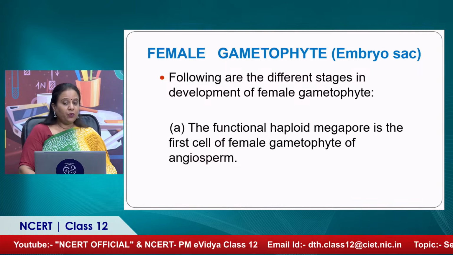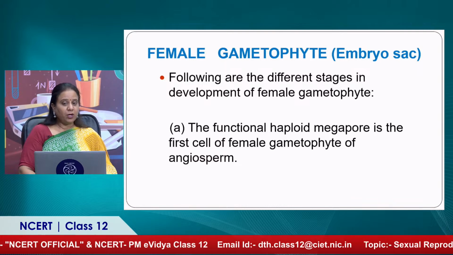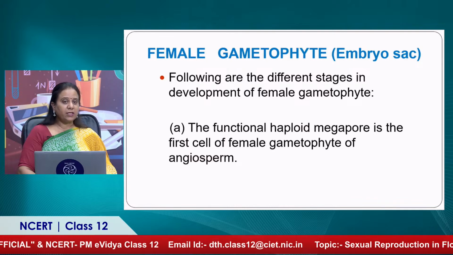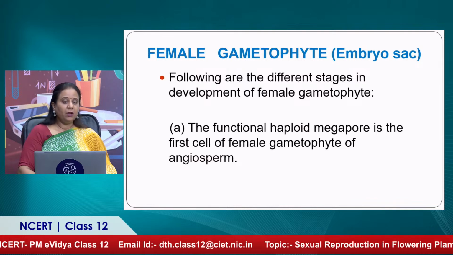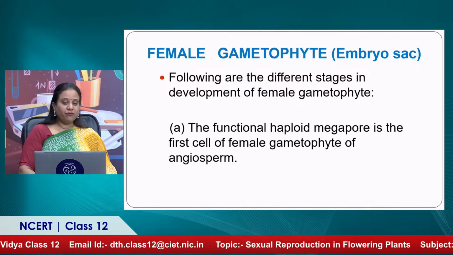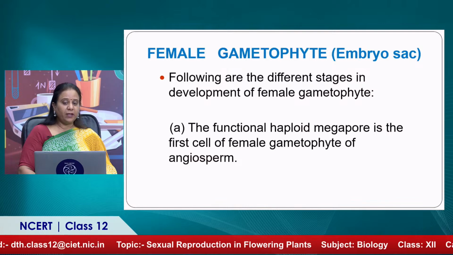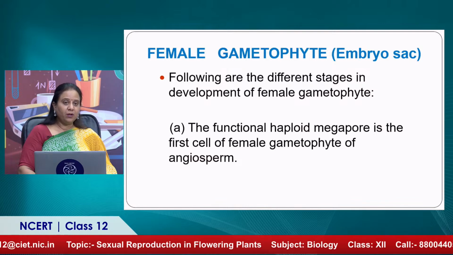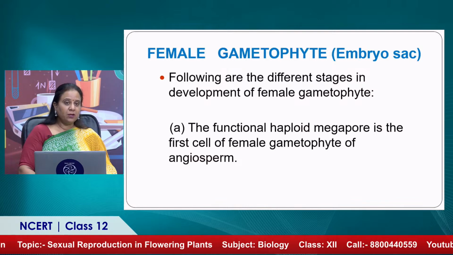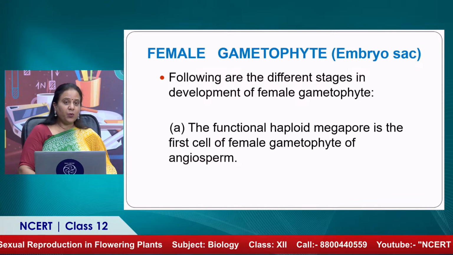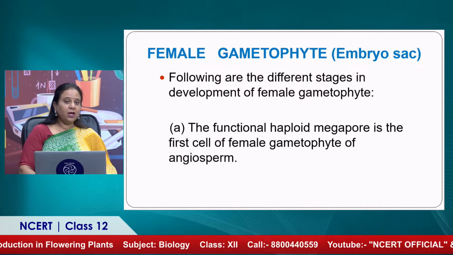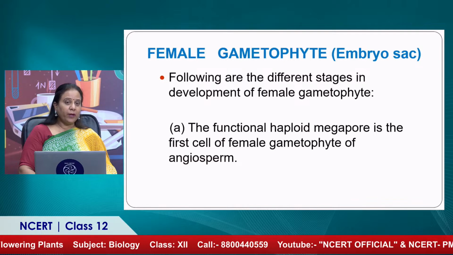Now when the female gametophyte is going to develop, what are the changes and what are the stages there would be. Point A: the functional haploid megaspore is the first cell of the female gametophyte of angiosperms. In any angiospermic plant, as the previous slide says, only one megaspore remains functional, and this functional megaspore is haploid.